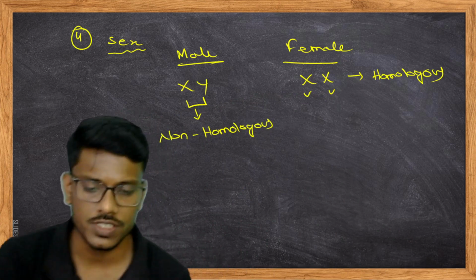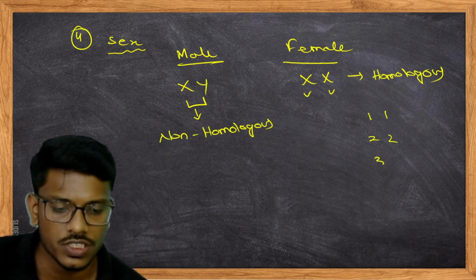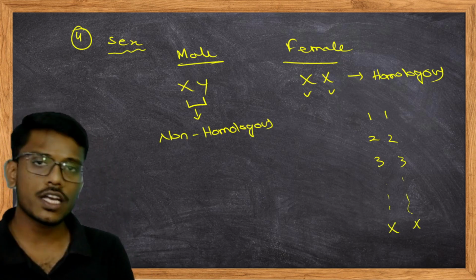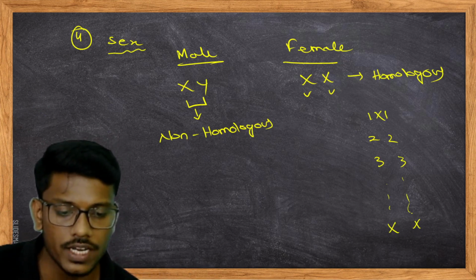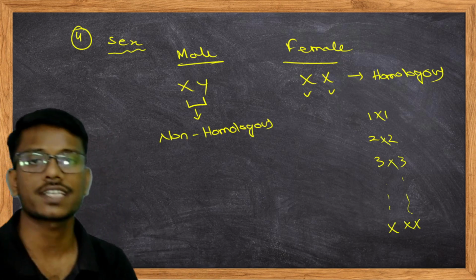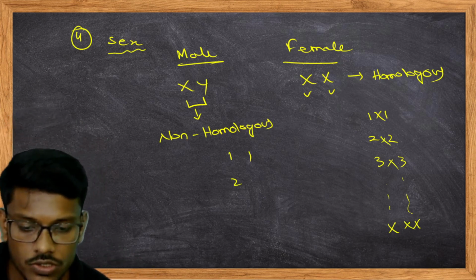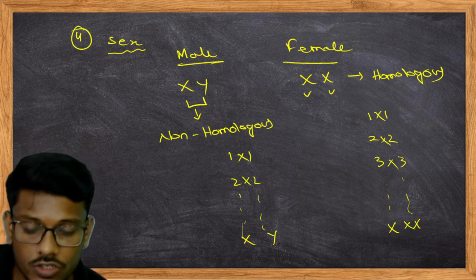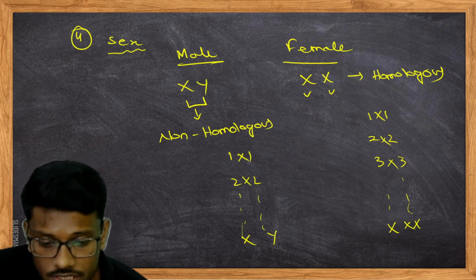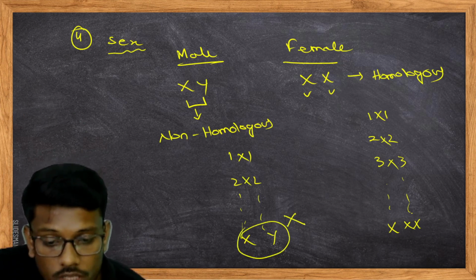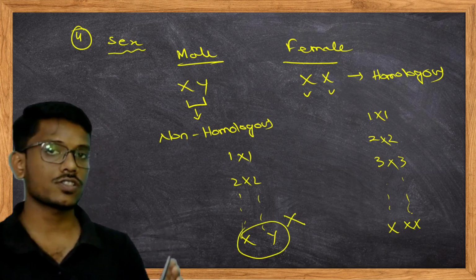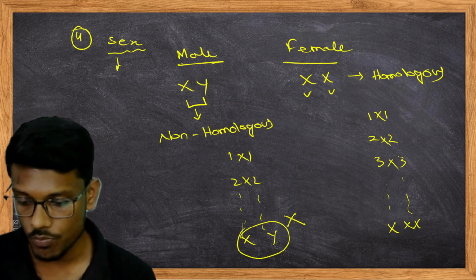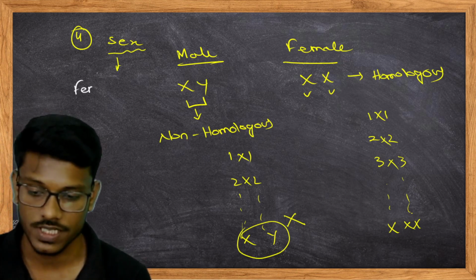All the chromosomes in pair condition, 1 and 1, 2 and 2, 3 and 3, and X and X, are homologous, so there will be more chances of crossing over between them. But in the male we have 1 1, 2 2, up to X and Y, and between X and Y there will be no crossing over. So there are more chances of crossing over in a female individual than in a male individual.